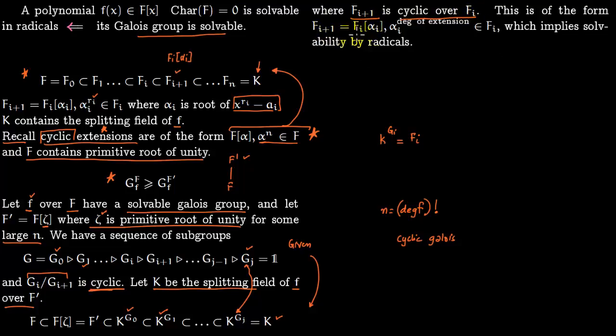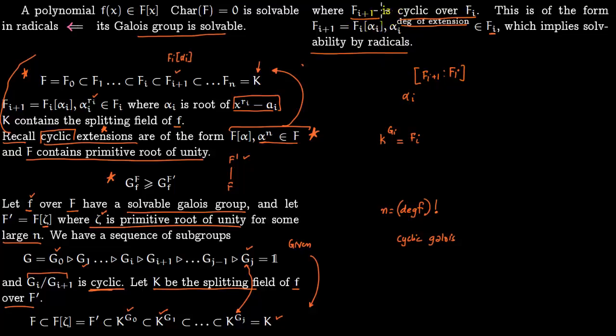So you get this form: F_{i+1} is F_i with alpha_i attached, where alpha_i raised to the power of the degree of extension, that is, the degree of F_{i+1} over F_i, lies in F_i. This implies that we have been able to do this part. So this is done: alpha_i^{r_i} lies in F_i, and so you have solvability by radicals.